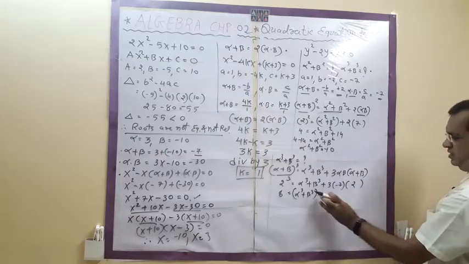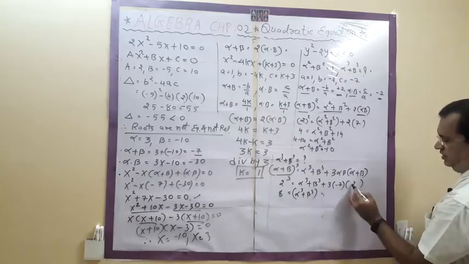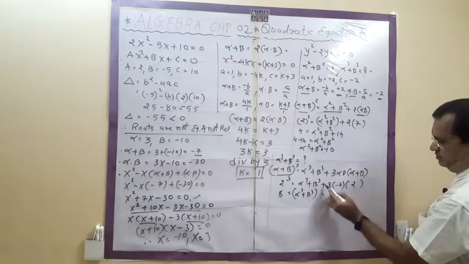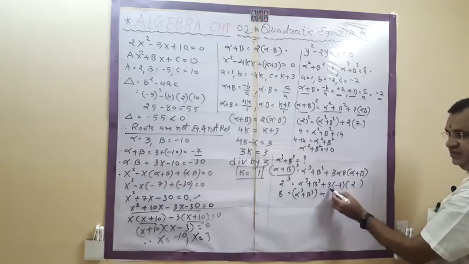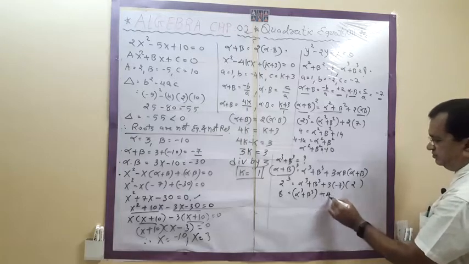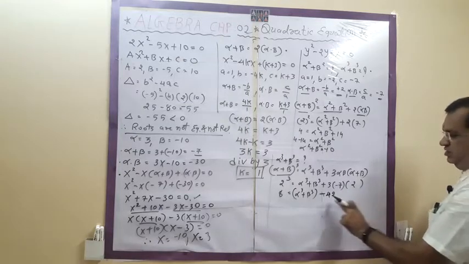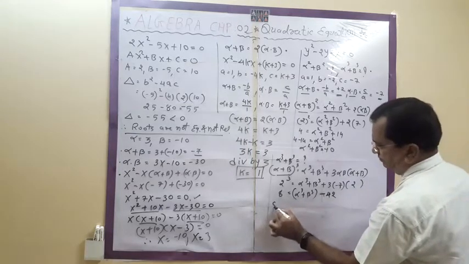Plus, minus, plus, again minus. 7 3s are 21, 2s are. This will go this side.